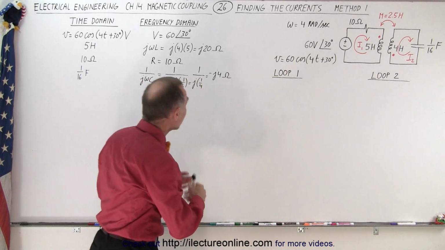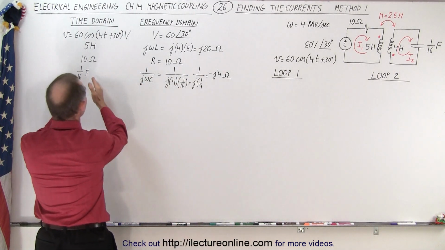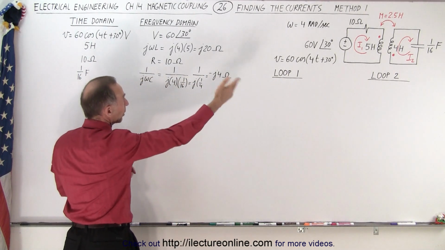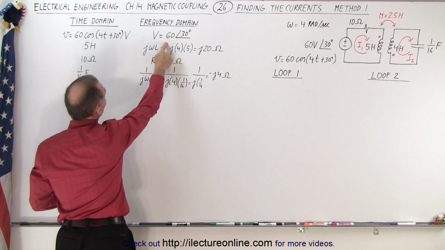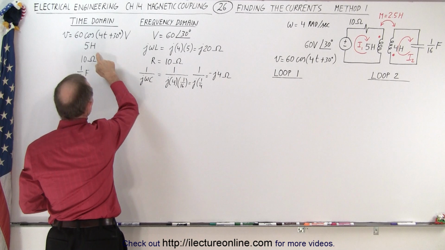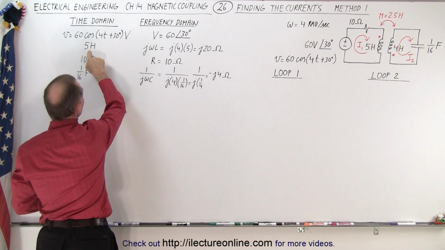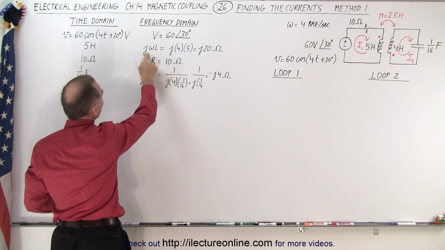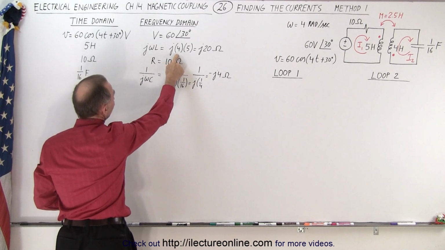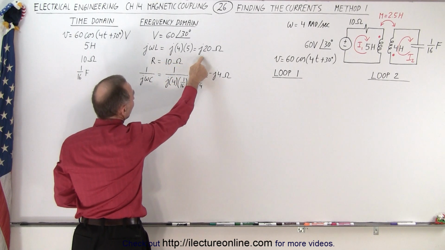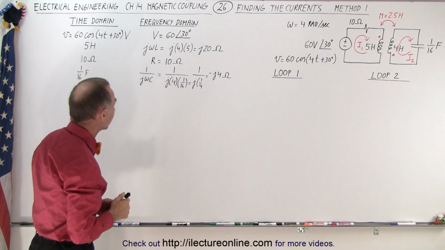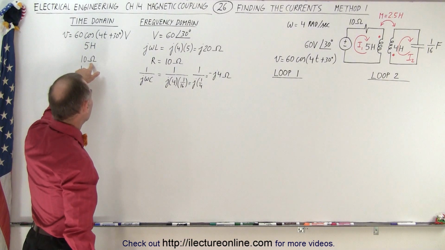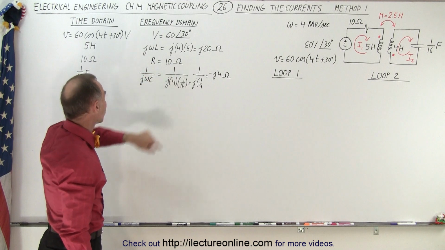Now notice that we need to convert from the time domain to the frequency domain for every one of the components. This is the voltage in the time domain, and this is the voltage in the frequency domain. Here we have the 5 henries in the time domain, which converts to j omega L. Omega is 4, L is 5, so it's j20 ohms. That's the reactance of that inductor. The resistor is simply a straight 10 ohms.